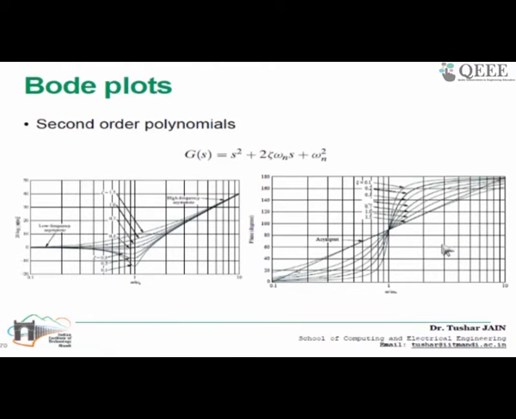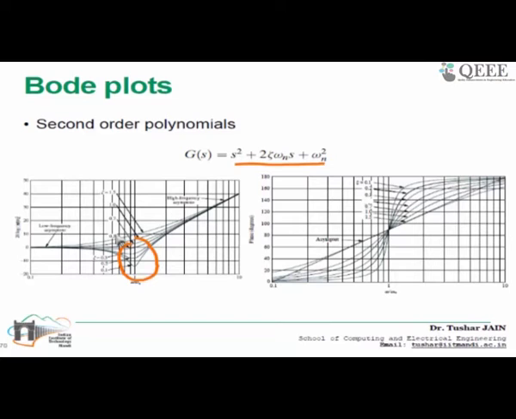Okay, for second order polynomials, there are other things associated with it other than the stability, though we haven't discussed the stability so far using the Bode plots. But once you start plotting such kinds of functions, you start seeing these peaks, and these peaks have some significance when you study the transient response later on.